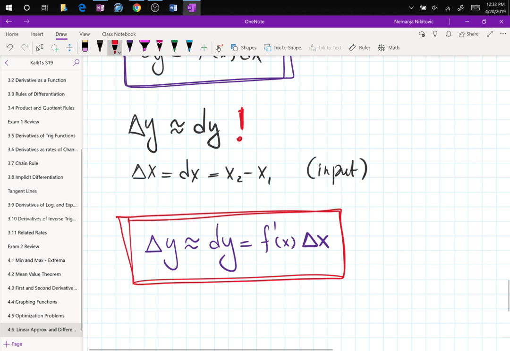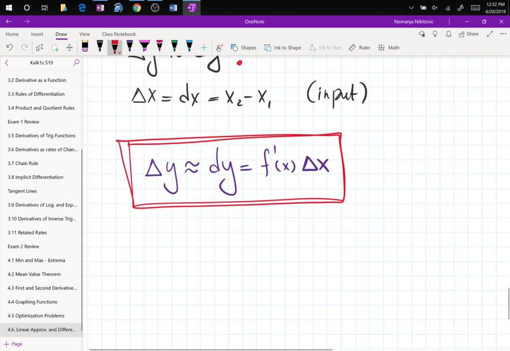Now this is used in the design of things, and I'll mention some of them later. Let's take a look at approximating the change in volume of a sphere when its radius changes from 5 to 5.1 feet.